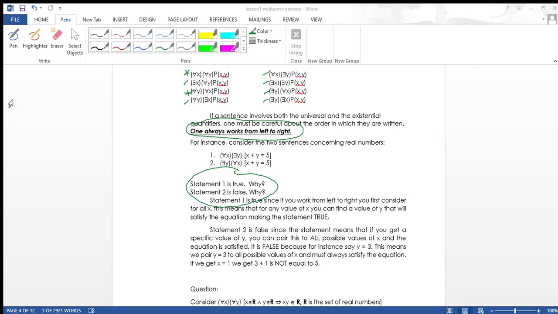For each possible value of x, you can find a unique, or there exists one value of y, which is also a real number, to satisfy this equation. That's why the statement is true. How about the second?